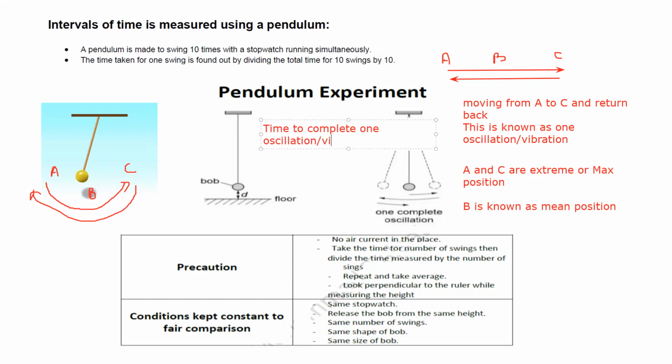In your course outline, you have an experiment to find the time period of the pendulum. So how can we find the time period of a simple pendulum experimentally? The term oscillation means vibration, the to and fro motion.